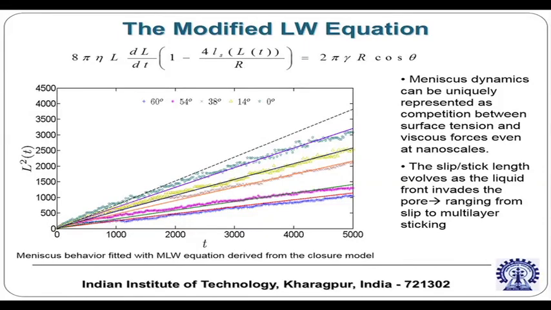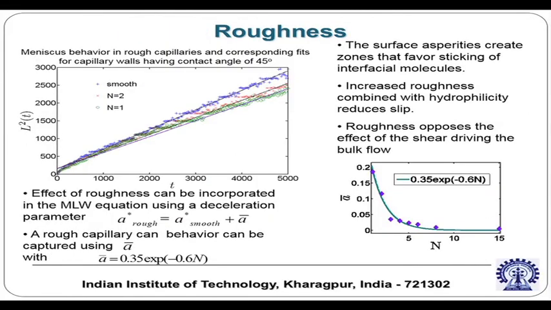So this first example talked about the wettability issue. Now the roughness, so you can use a roughness parameter n. There is actually an interaction function in the molecular dynamics in which there is a parameter n. So the L square versus T for different values of n.